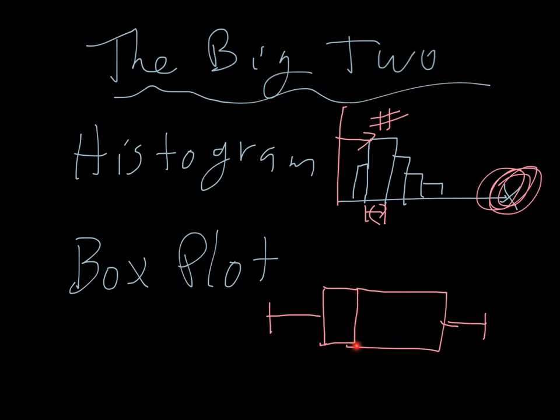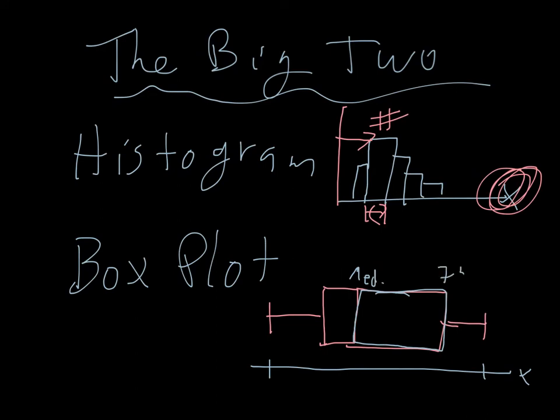All right, so I need to have a scale down here for whatever my x values are. And here it's going to tell me how condensed my data is, say, in this range. Okay. So again, this is the median.